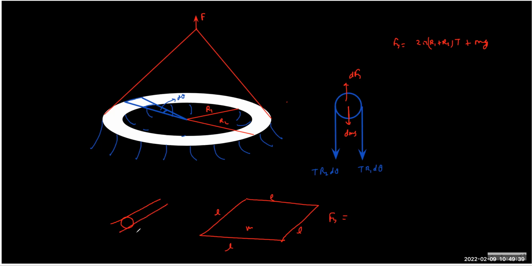The surface has both sides; there are two sides actually. So it is going to be 8TL plus mg. Is this clear?